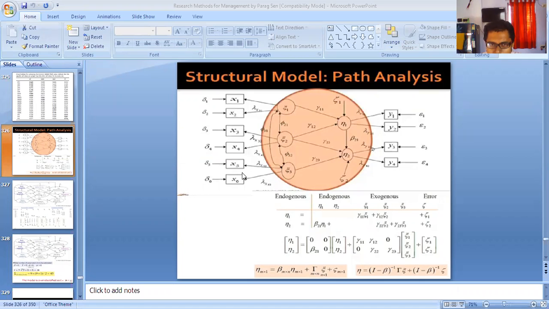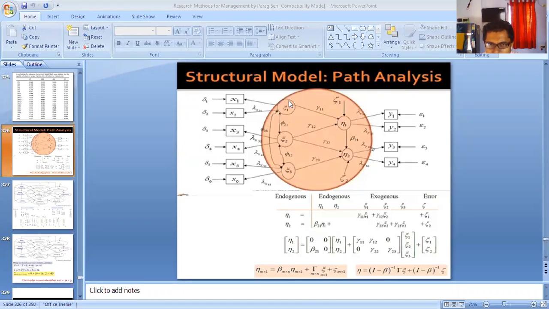These are the manifest variables x1, x, y, and because these are observed, you will be collecting data based on these variables. These constructs you cannot observe, so you cannot collect data of these constructs.